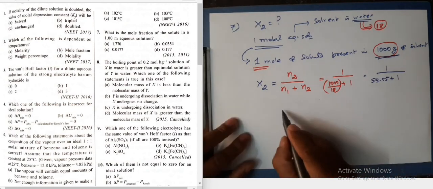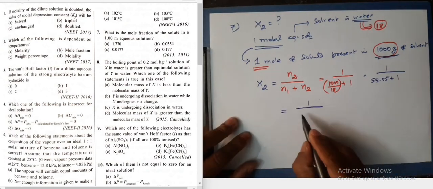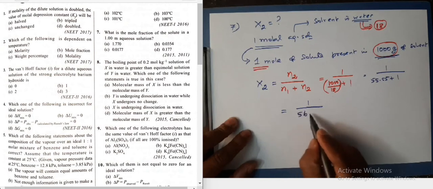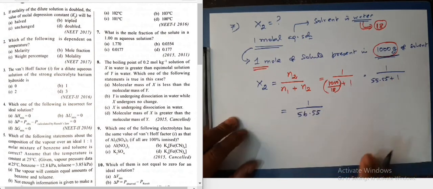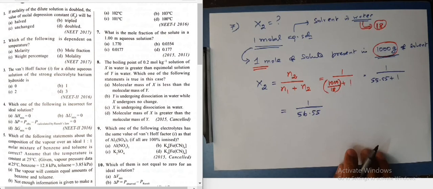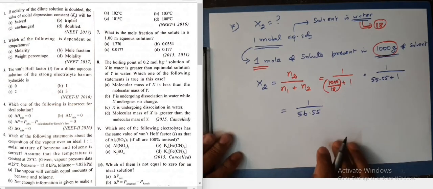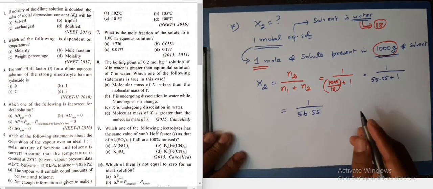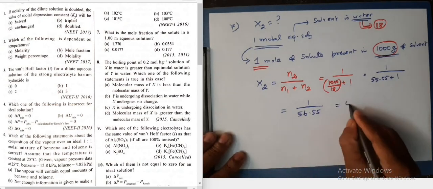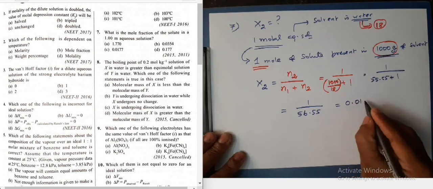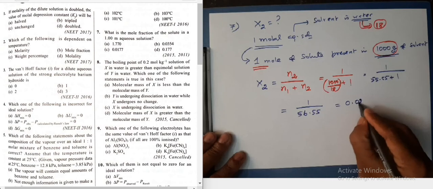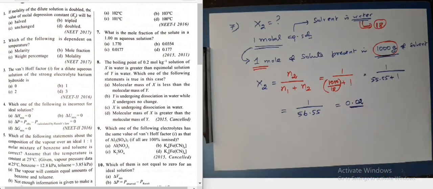So this is equal to 1 over 56.55, if I add these two. 1 by 56.55 is roughly equal to 0.017 something, or roughly 0.02. Okay, take 2.